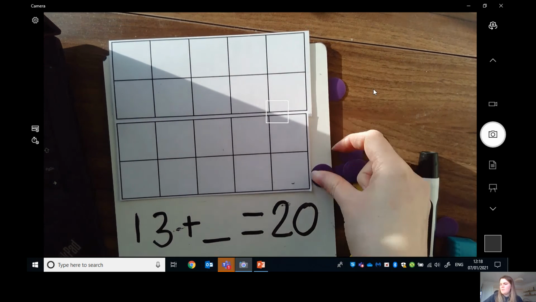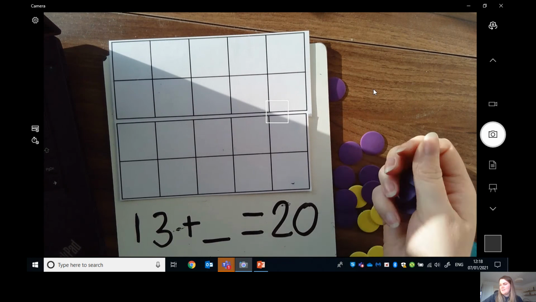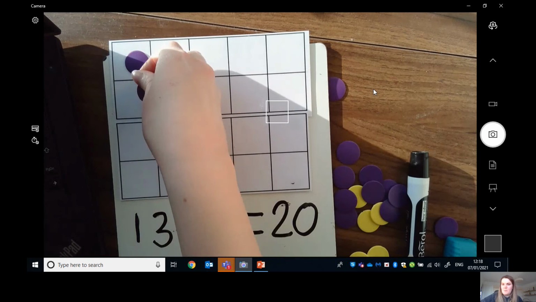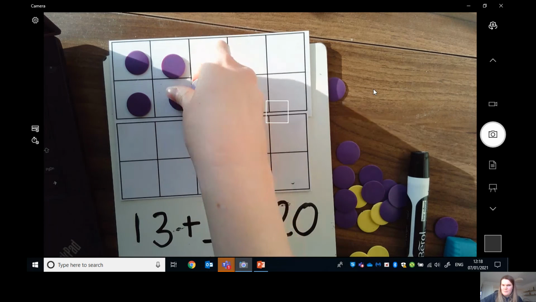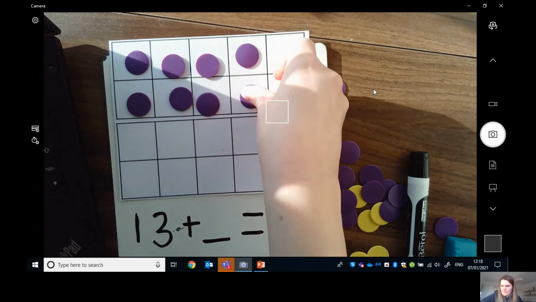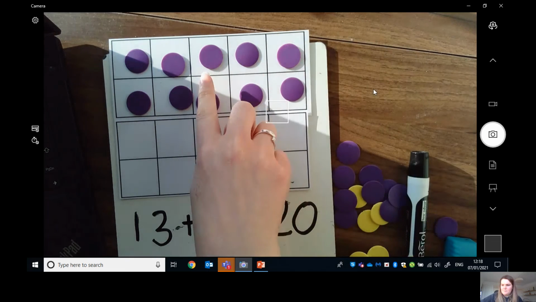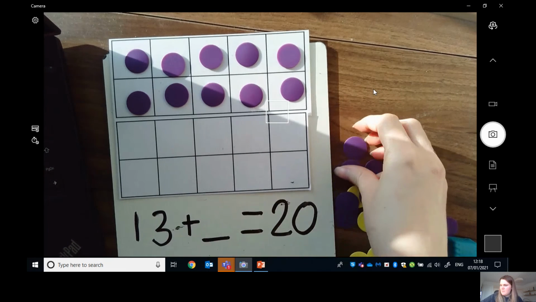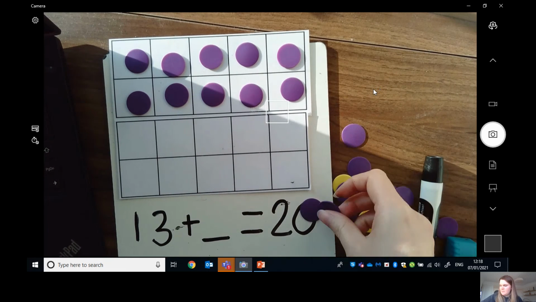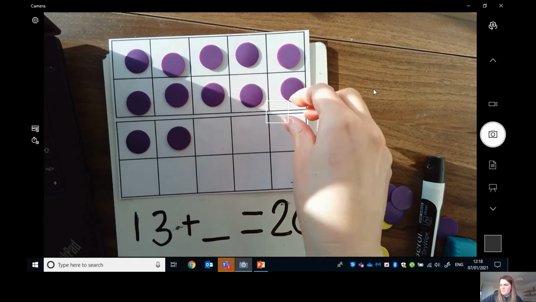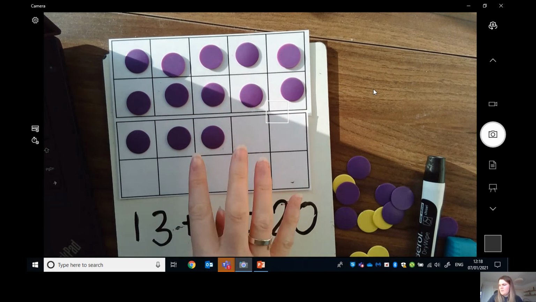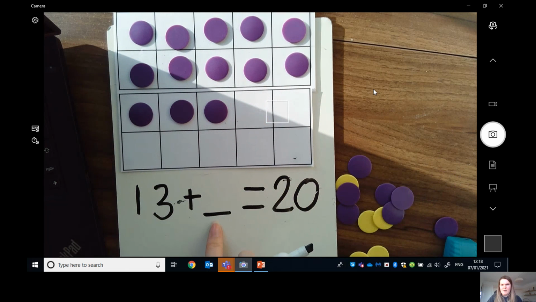Okay. Do I need to count on from 10? Yes, I do. So let's get my 10 first. I've got my 10. Now I need to get my 13. 11, 12, 13. Okay, this is our missing number.